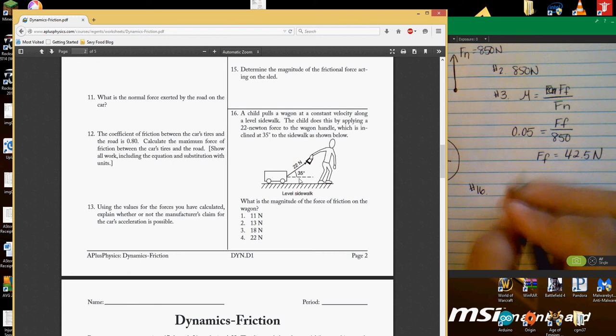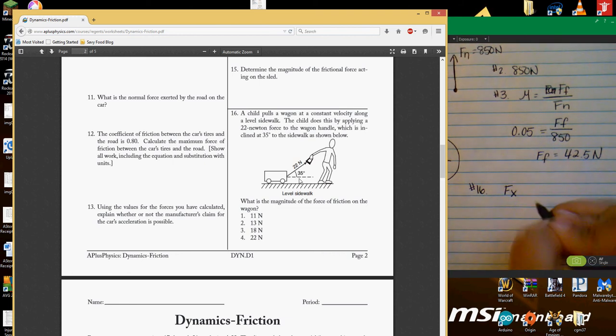So you have that x surface. So for 16, you're still kind of doing that. Instead of the initial velocity of x, you're doing the friction of x. So that's going to equal the actual force of what you have.